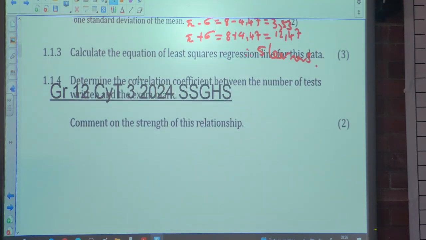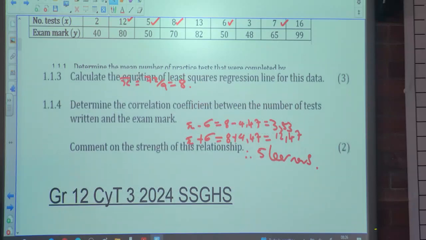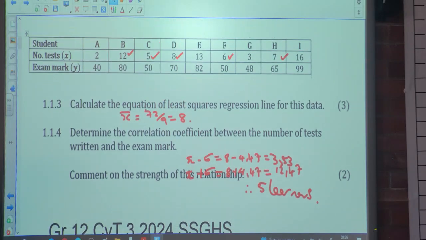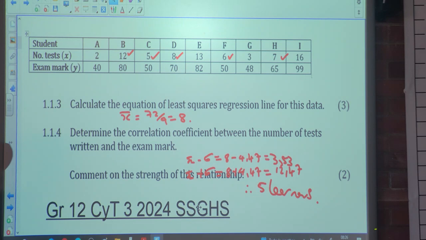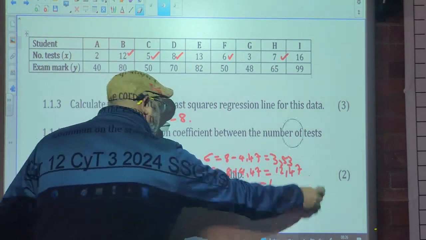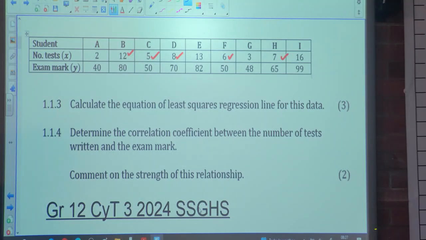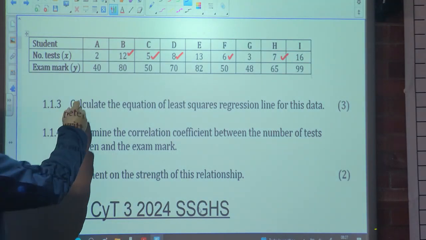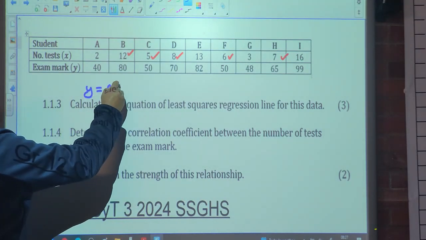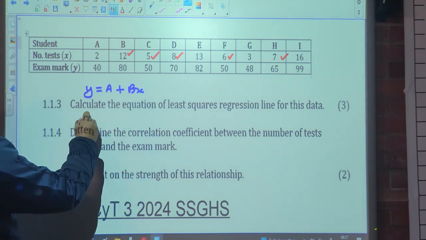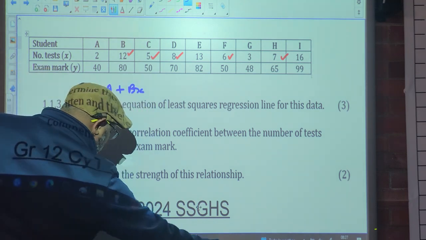Then the questions ask, 1.3: calculate the equation of the least squares regression line. Remember that will be in the form of y is equal to a plus bx. So let's enter that into a calculator.